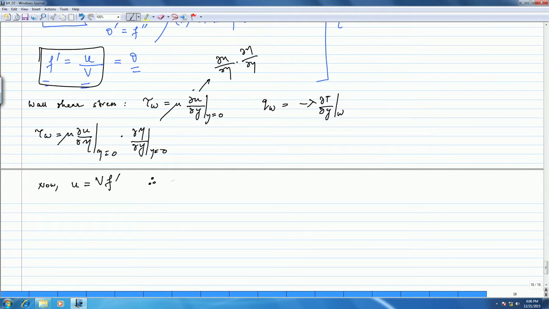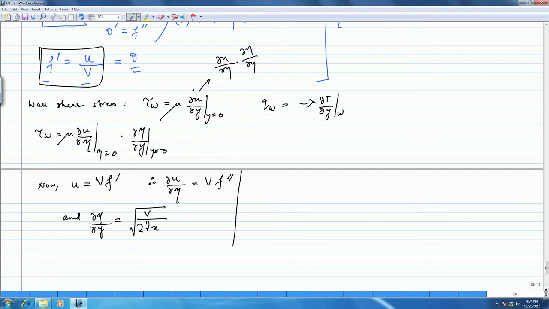Therefore, del u del eta, see how interesting this is, is nothing but f double dash. So, del f dash del eta is v f double dash. And del eta del y is equal to the square root of v by 2 nu x. That is the way we define that.